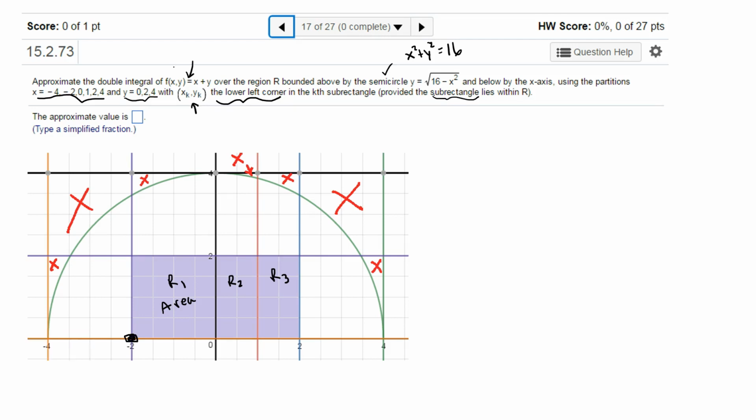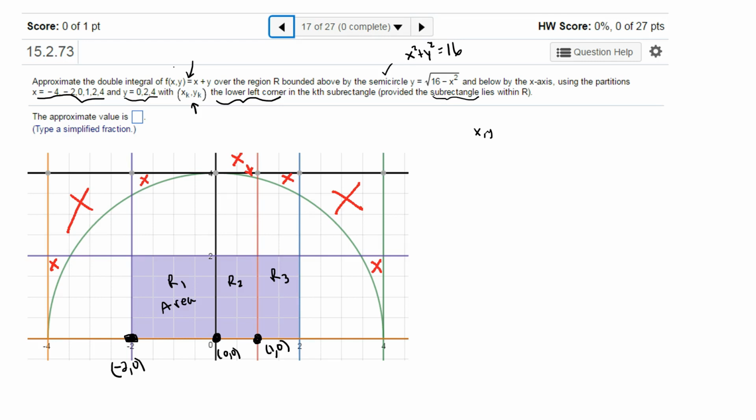So the lower left corner will be here on the x-axis for rectangle 1, where x is -2 and y is 0. The lower left corner will be here for rectangle 2, and that's going to be the origin. And the lower left corner will be here for rectangle 3, and that's with 1 for x and 0 for y. What we do with those is we plug them in.